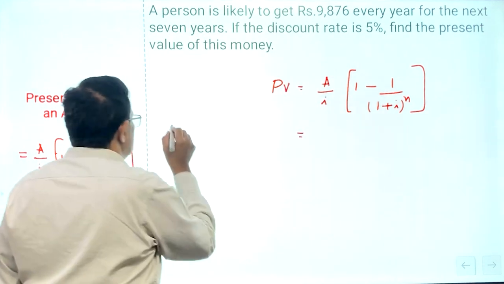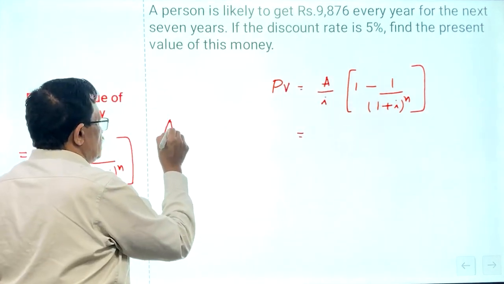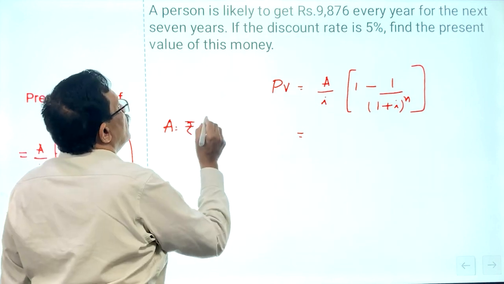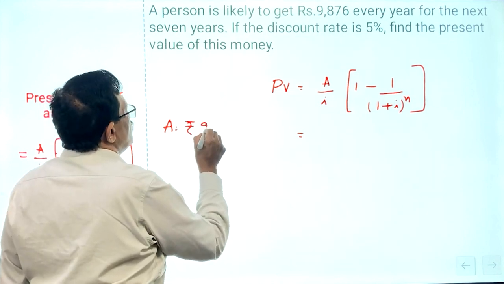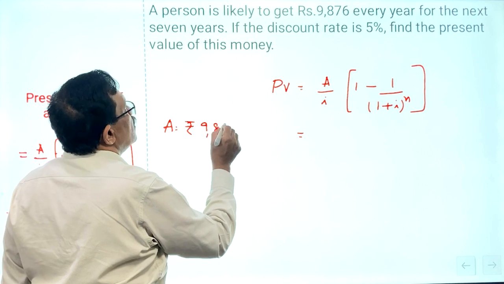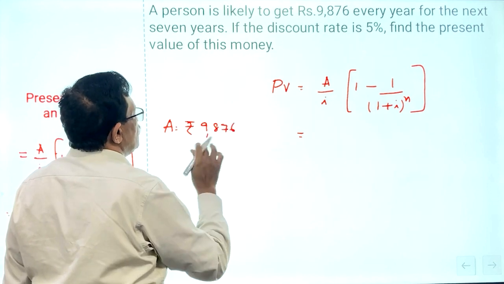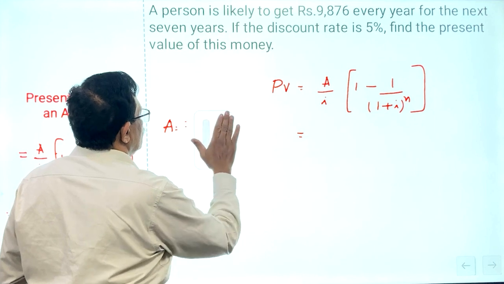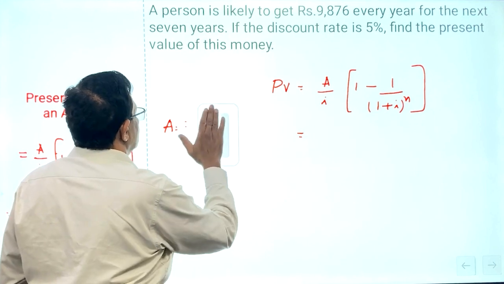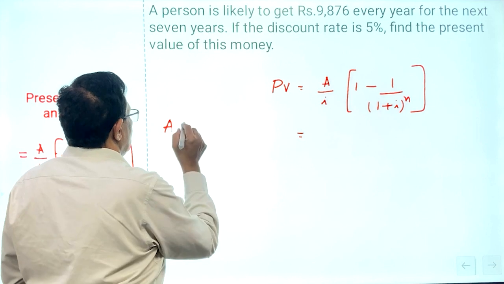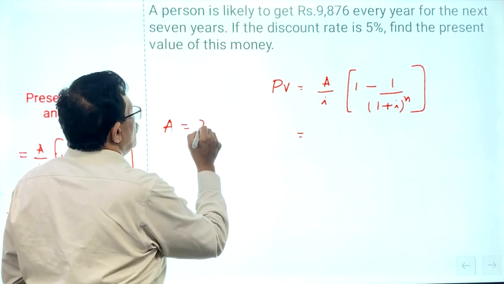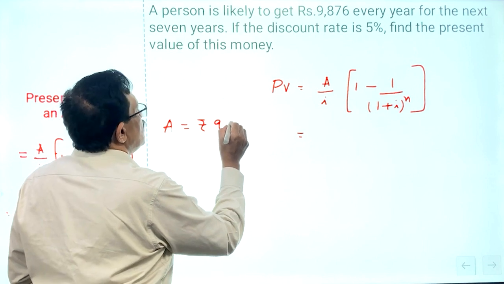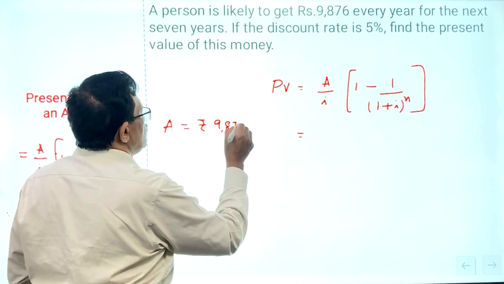What are the values? A is given as rupees 9,876.